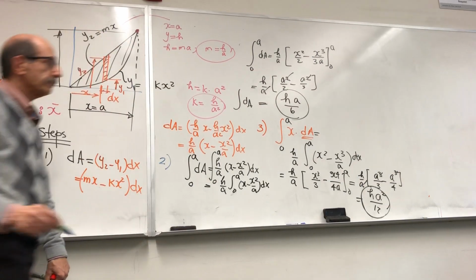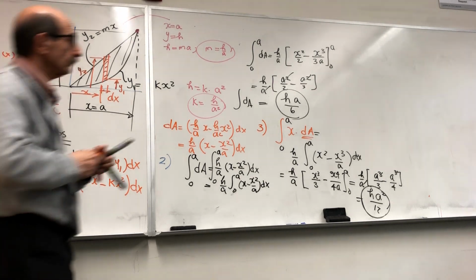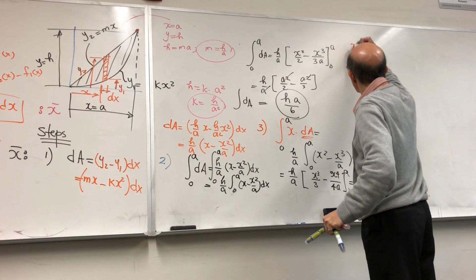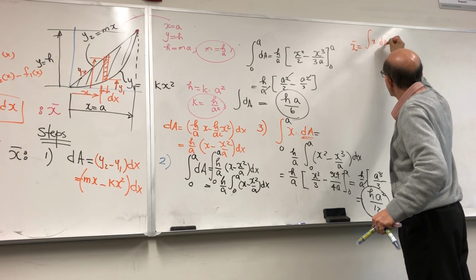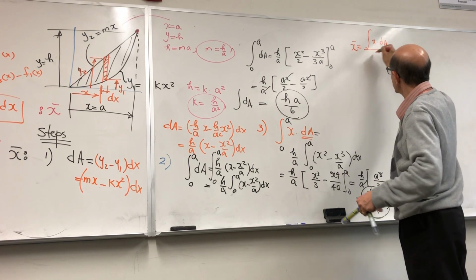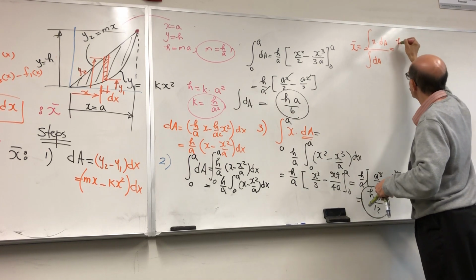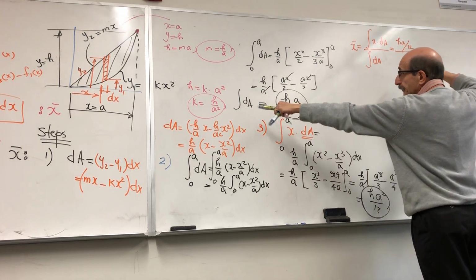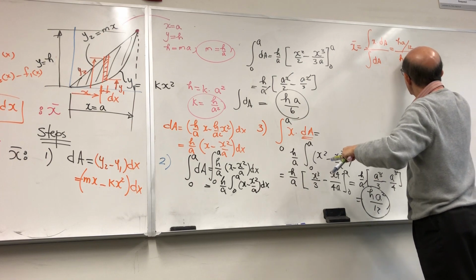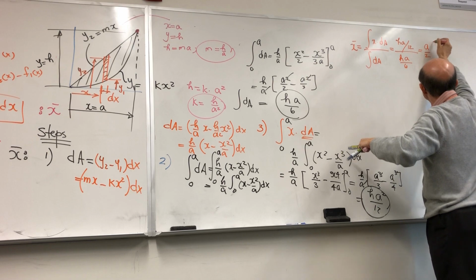All you need to do is divide that by the integral of dA to find x bar. So x bar is the integral of x dA divided by the integral of dA, so h a squared over 12 divided by h a over 6. It would be simply a over 2.